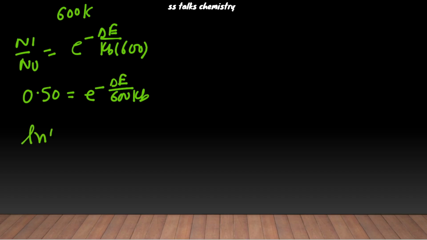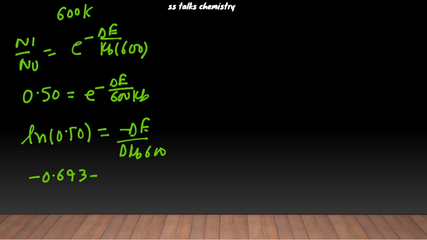Or we can take ln of 0.50, which is equal to minus del E upon kb into 600. The value of ln of 0.5 is minus 0.693. This is equal to minus del E upon kb into 600. So this negative you can cancel on both sides. This is the first equation.